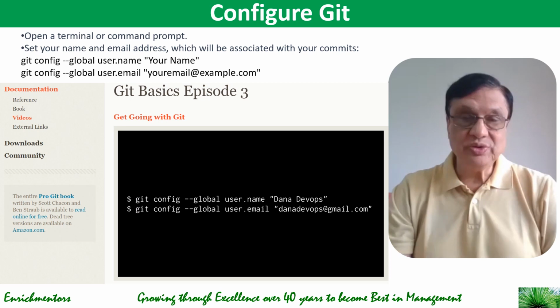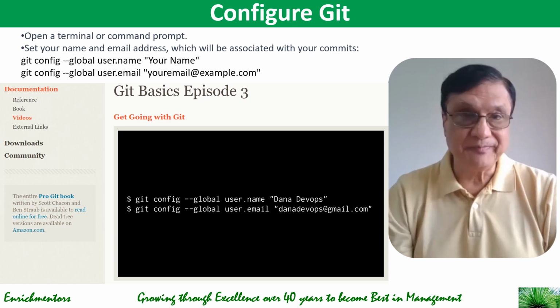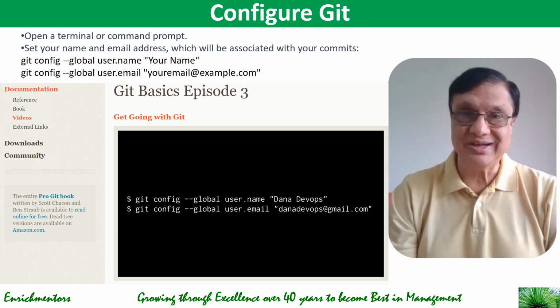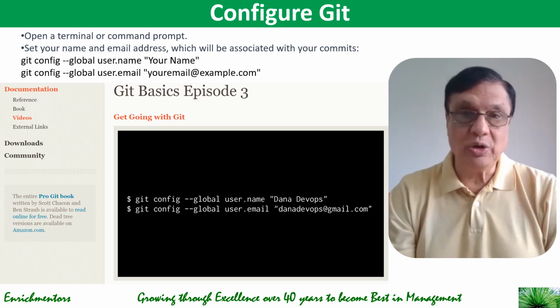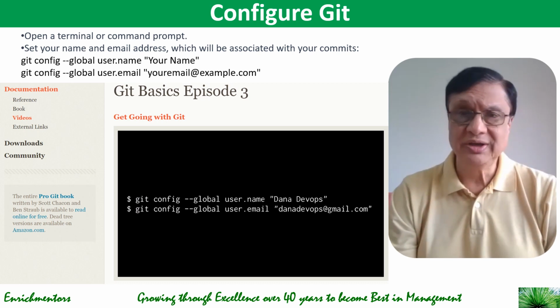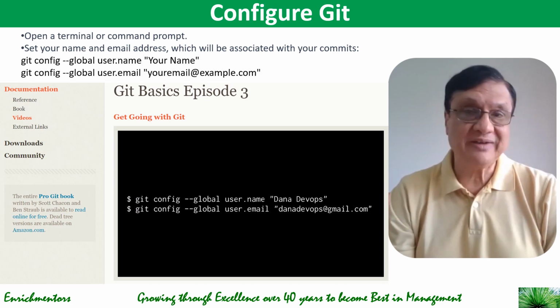Having installed, you then need to configure Git. So what you need to do is open the terminal or command prompt and set your name and email address, which will be associated with your commits or saves that you will do on this Git platform.